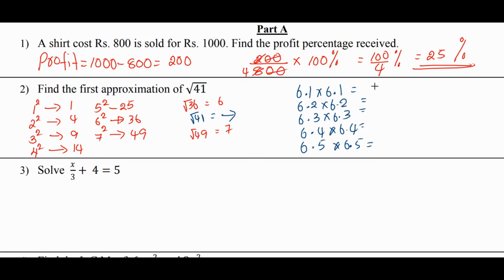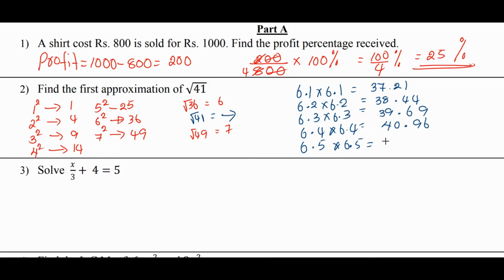Here will be 37.21. Here will be 38.44. Here will be 39.69. Here will be 40.96. You can see we are getting closer to root 41. We are at 40.96, which is extremely close to the relevant value.